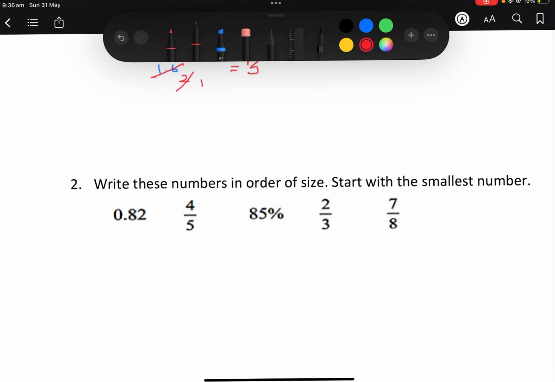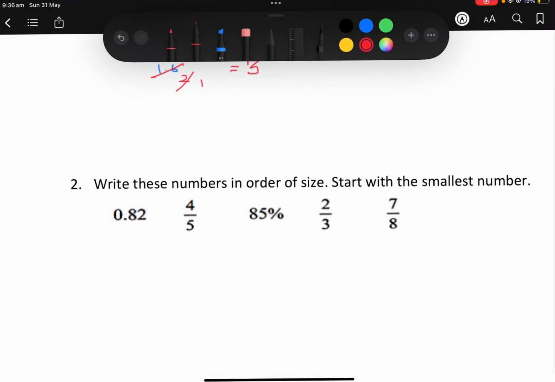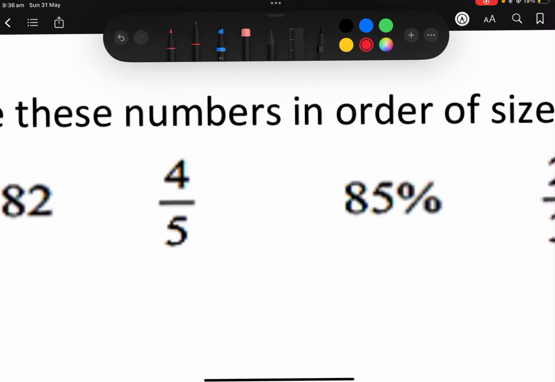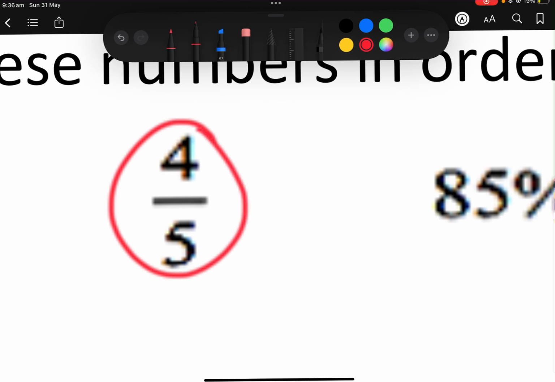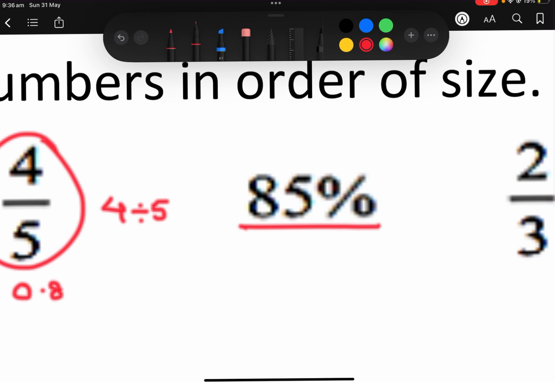So how do we do that? The first one is already done for you: 0.82 is given to you, and the next one is 4 divided by 5. You have your calculators in your hand. This is a fraction. Some students will ask, how do I put a fraction in it? So it is 4 divided by 5 in the calculator, and its value turns out to be 0.8. Okay, this is 85%. Now what is the meaning of percent?